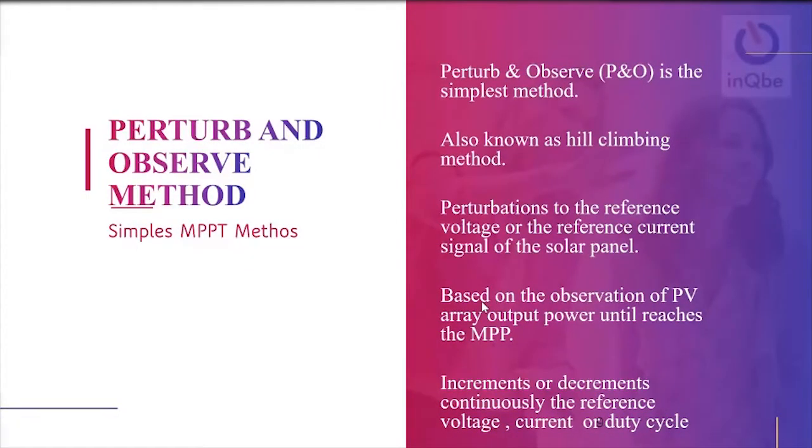Then we will check. That's a simple method. We'll apply some change in duty cycle, wait for some time, and after that check what is happening. If power is increasing, we'll continue increasing. Otherwise, if power is decreasing, we will continue decreasing the duty cycle.